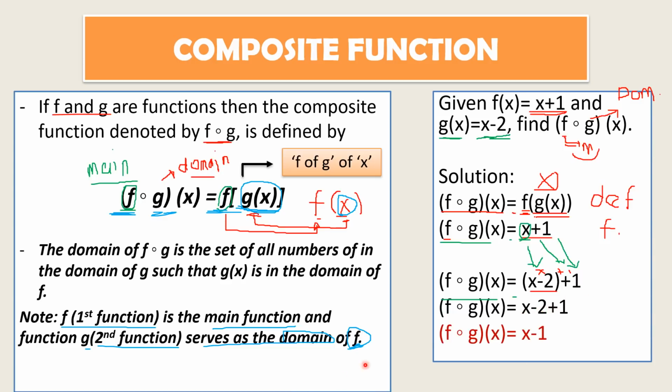Therefore, the composition of function given two functions f and g of x is equal to x minus 1. Okay? So, ito mismo, nakuha natin yan through the process of composition. F serves as the main function and g serves as what? The domain of f.